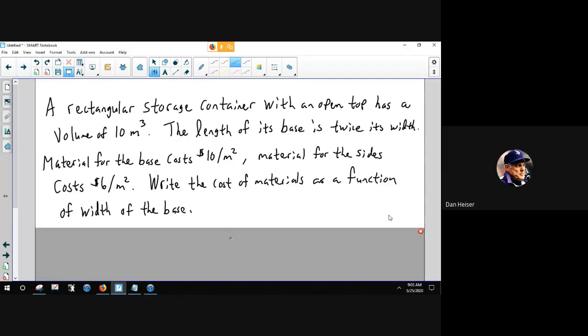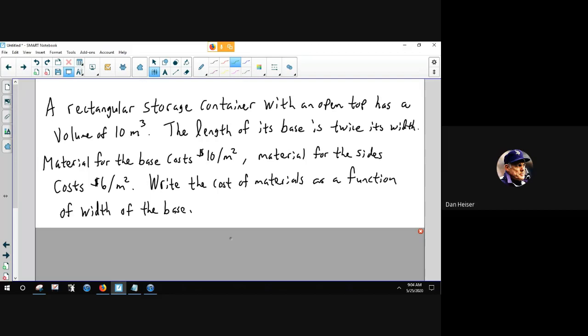One final problem for us to take a look at. Something you're going to have to do a lot throughout calculus. Write your own function and work with it based on some setup. We have a rectangular storage container with an open top. We're given its volume. We're also given the length of its base is twice its width.